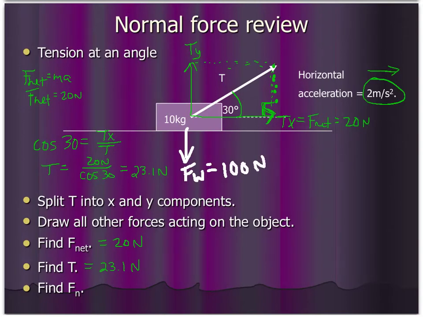Now, we know that the normal force is going to act perpendicular to the contact surface, but it's not equal in magnitude to our FW, because don't forget, we have a part of our tension force that's acting in that upwards direction as well. And so if you look, I've got Fn and Ty pointing up and Fw pointing down.